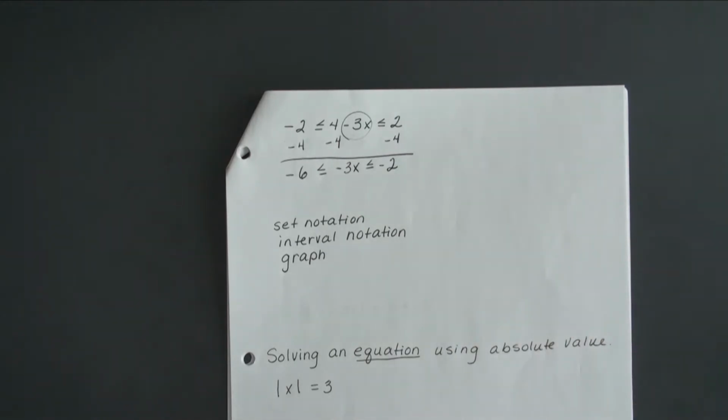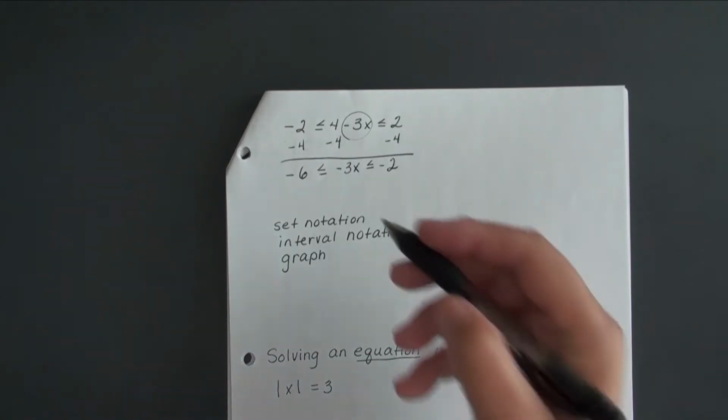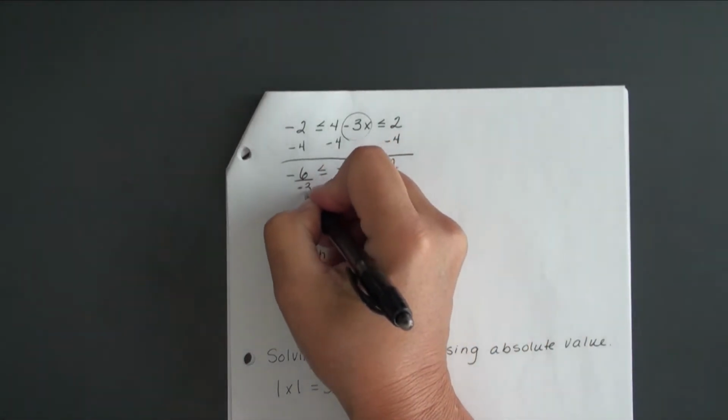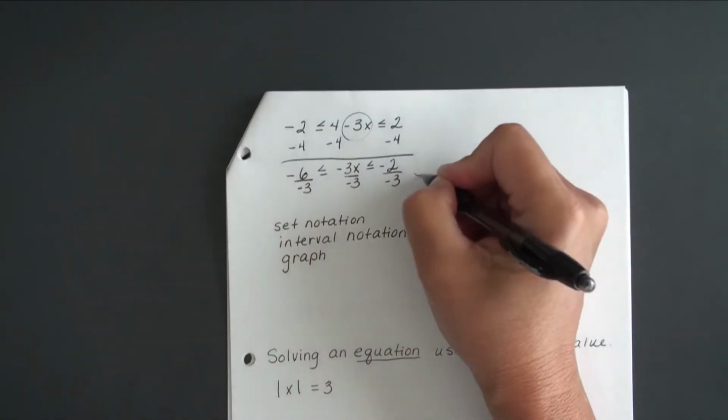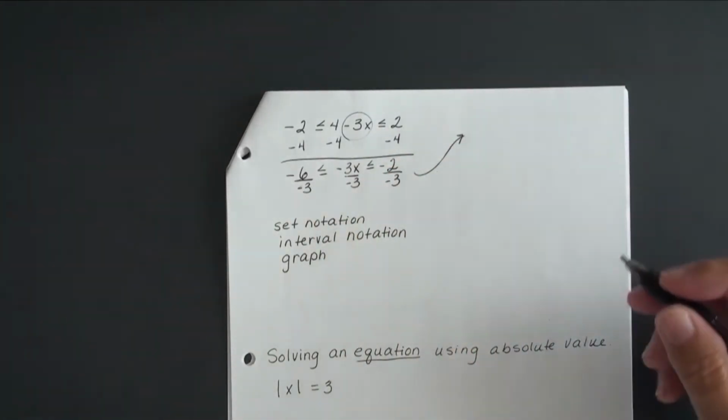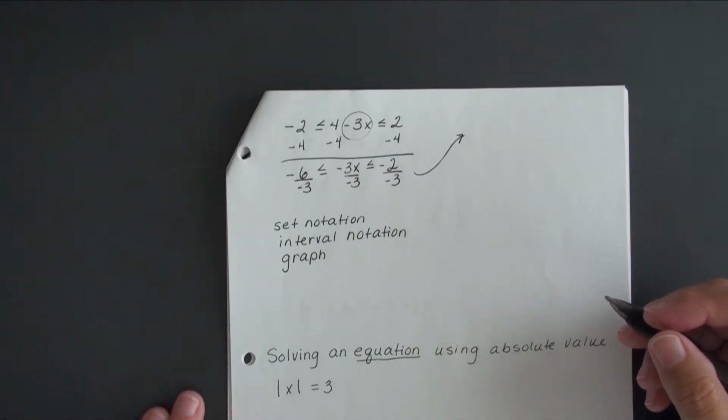Now, what do we need to divide by in order to solve this inequality? We need to divide by a -3. And if you will remember in inequalities solutions, if you divide by a negative number, or if you multiply by a negative number, you need to reverse the direction of the inequality.